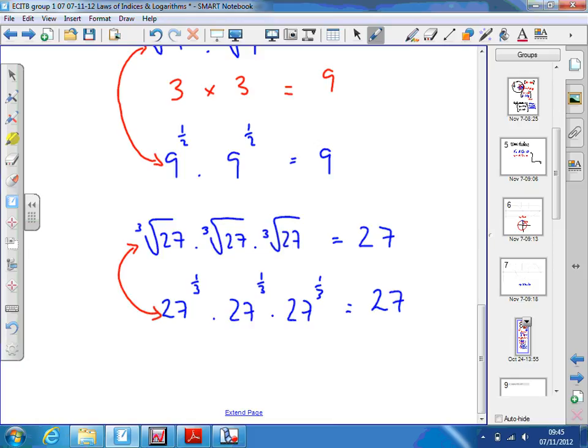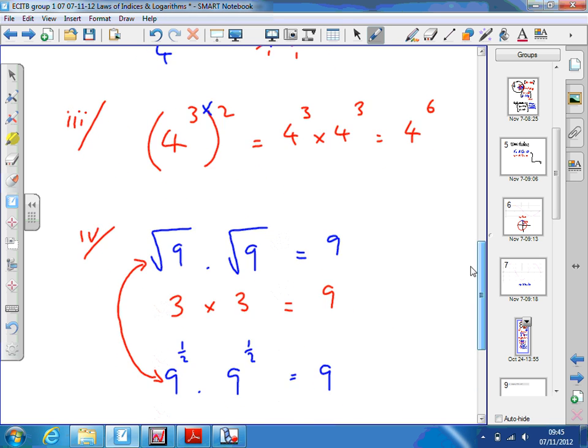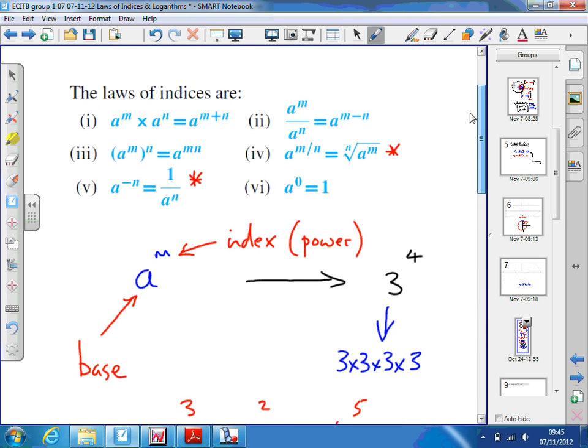Now, I've sought in trying to explain how this thing's arrived at. The bottom line is that this law number 4 is saying here that I can rewrite a root, this is in root form, as a fraction power. And that's all you need to remember.